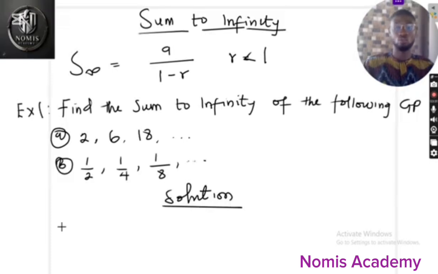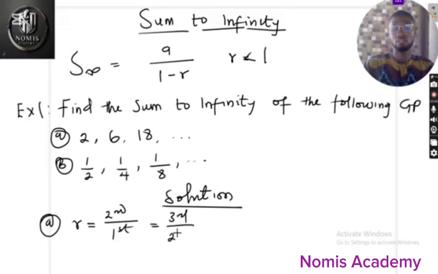For the first one, we need to calculate the common ratio. For question A, remember that r, the common ratio, is equal to the second term divided by the first term, which must be equal to the third term divided by the second term. So 6 divided by 2, which must equal 18 divided by 6. 6 divided by 2 is 3. 18 divided by 6 is 3.